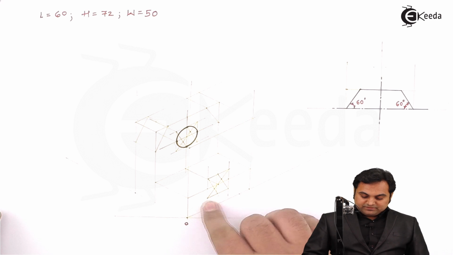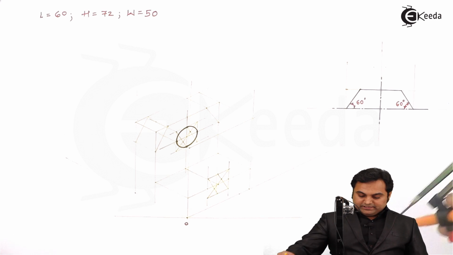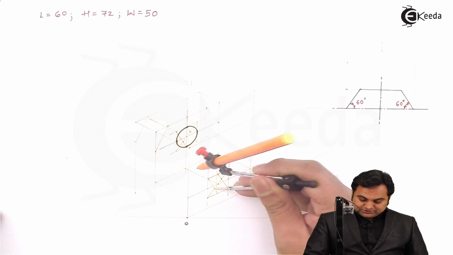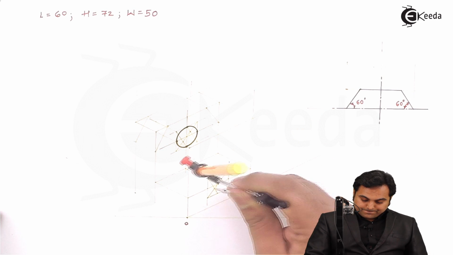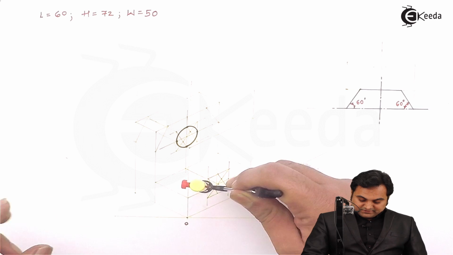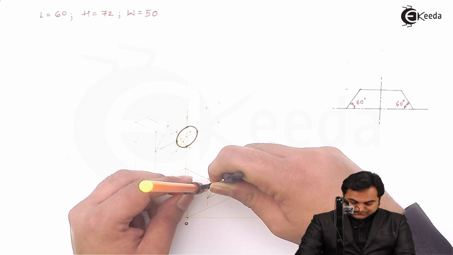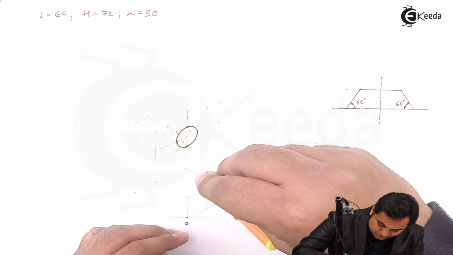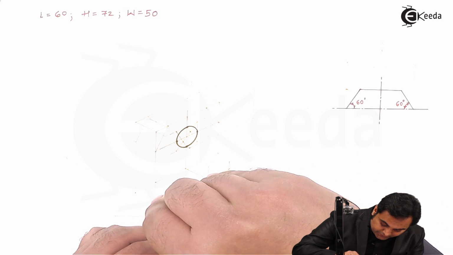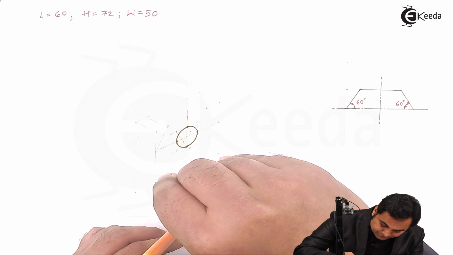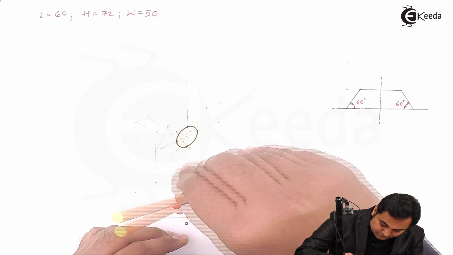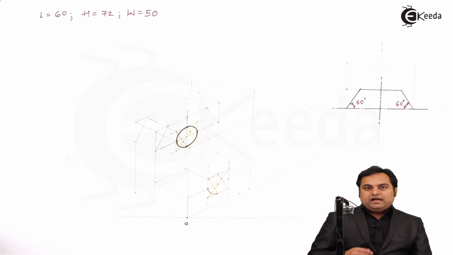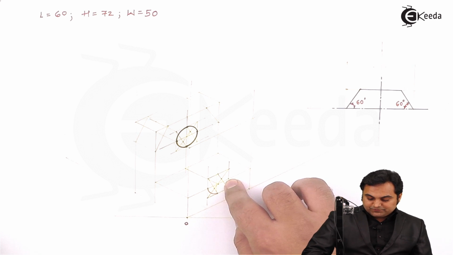And I have to draw the semicircular portion. So for that, I'll take the distance from this center and taking this much radius, drawing a light arc. Then since it is a semicircle, I want that semicircle only up to this particular point.